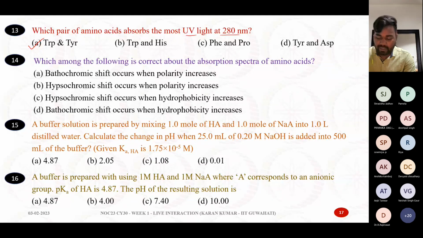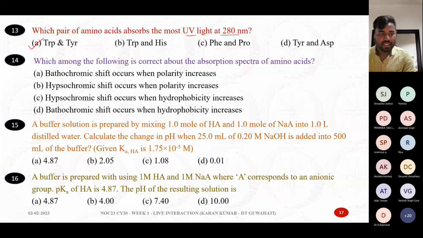Okay, so we will discuss it. Due to the presence of free electrons. Okay, no problem. I will discuss this in greater detail. Now, question number 14. The answer was correct, tryptophan and tyrosine.